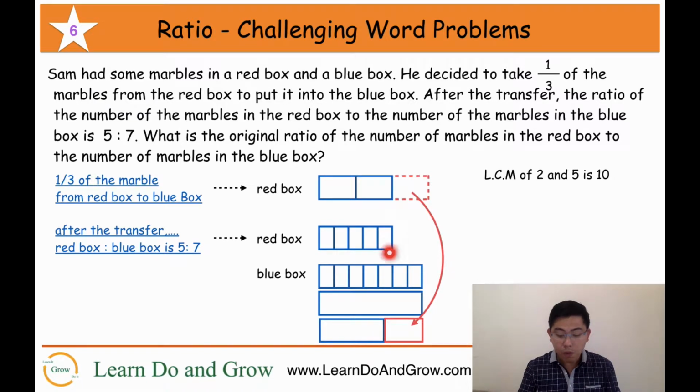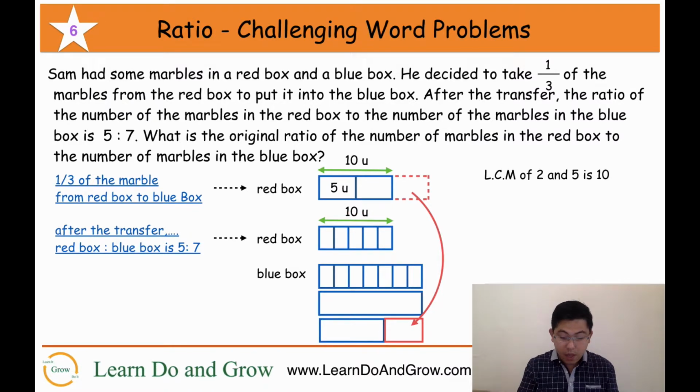Since the quantity is the same, I can make the number of units for case 1, which is the before model, and the number of units in case 2 to be the same. So over here is 2, over here is 5. What is the lowest common multiple of 2 and 5? Which is 10. Over here is 10 units, and over here is 10 units too.